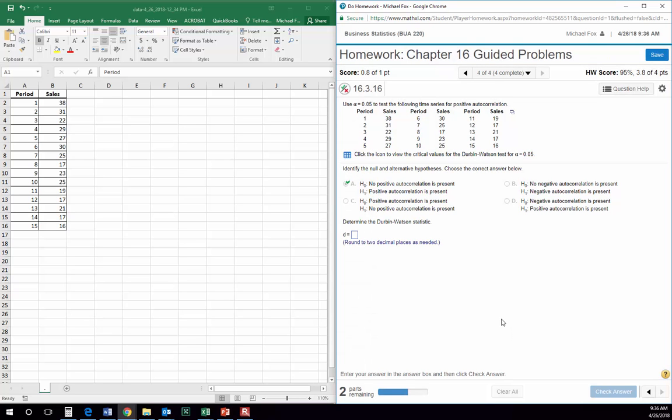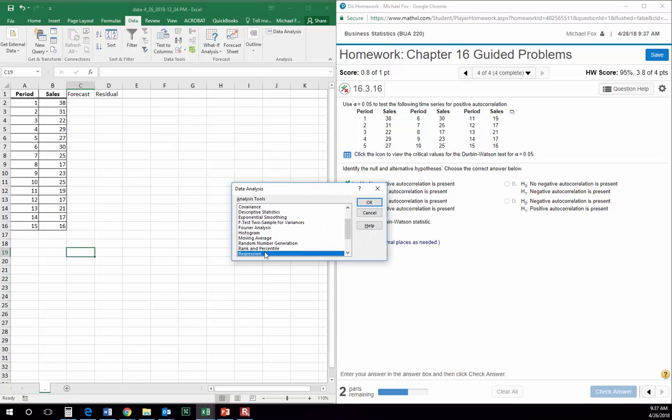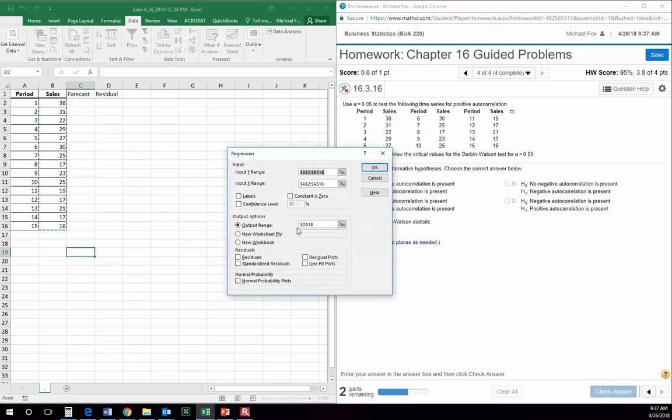All right, so the next thing we have to do is calculate our Durbin-Watson statistic. So in order to do this, we actually have to go through the whole process of finding our forecast for each period. And then we'll find our residual, which is just our error between our actual and our forecast. So to find our forecast, we're going to have to do a regression analysis. So I'm going to go to Data, go to Data Analysis, choose Regression, and hit OK.